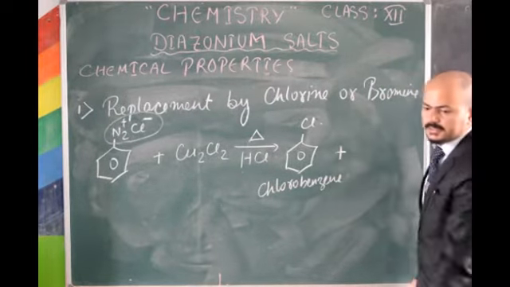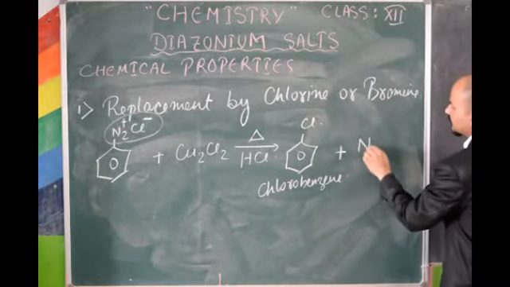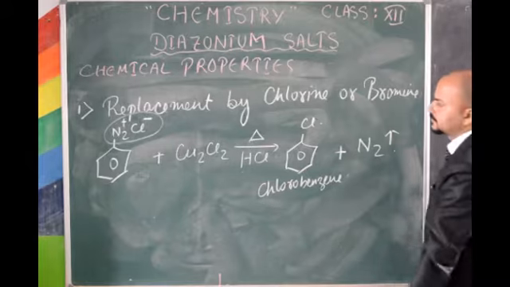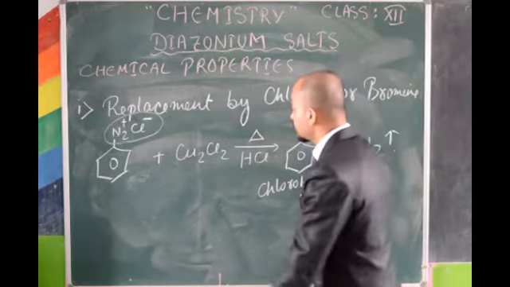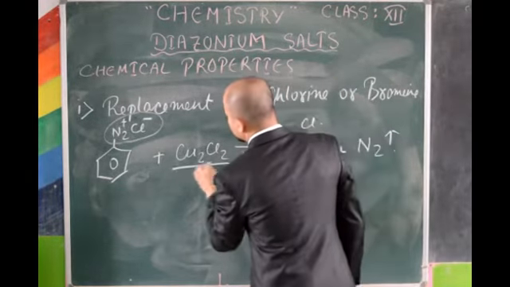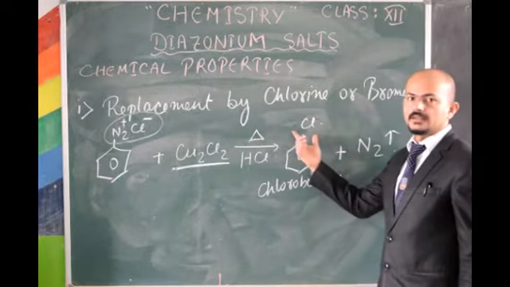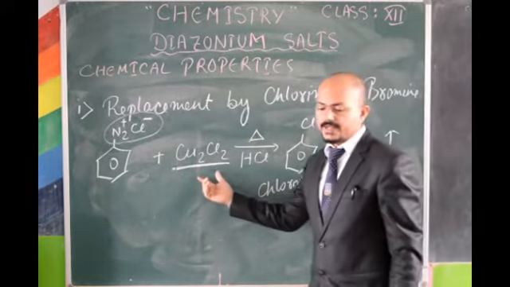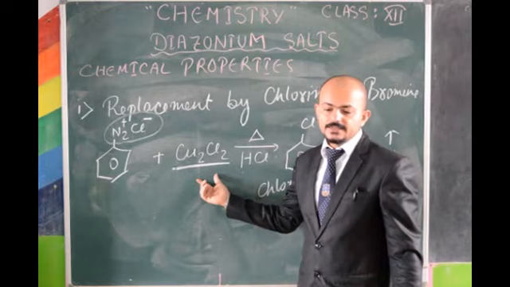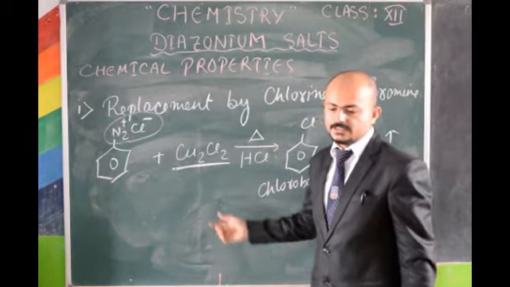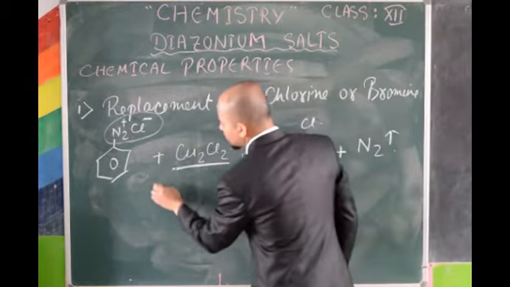And the byproduct is nitrogen gas. Now whenever you are using this Cu2Cl2 and getting chlorobenzene, then this particular reaction is known as what? Sandmeyer reaction. Don't forget. This is cuprous chloride.